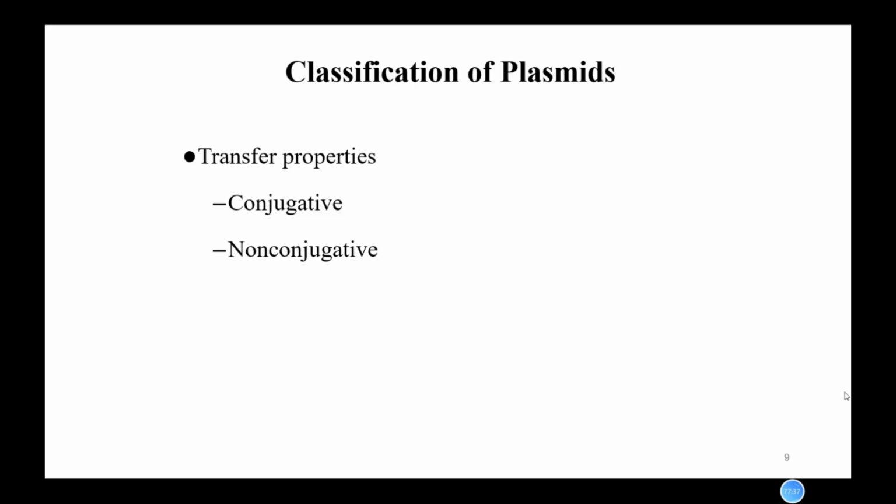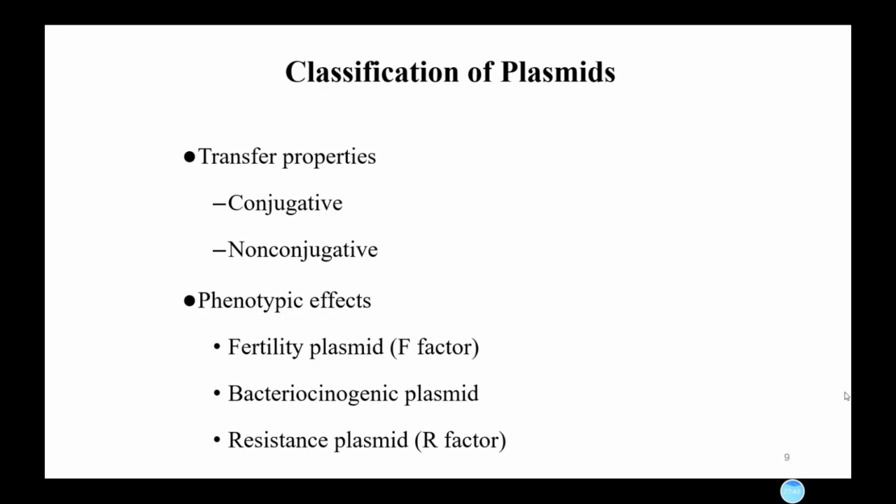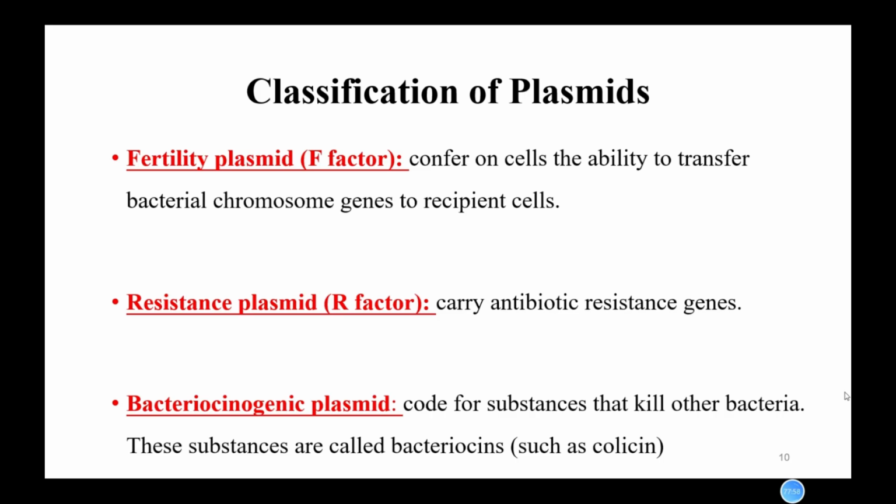And if some plasmid cannot carry out conjugation activity, they are called non-conjugative. And based on their phenotype, there are fertility plasmid, bacteriocinogenic plasmid, and also resistance plasmid.